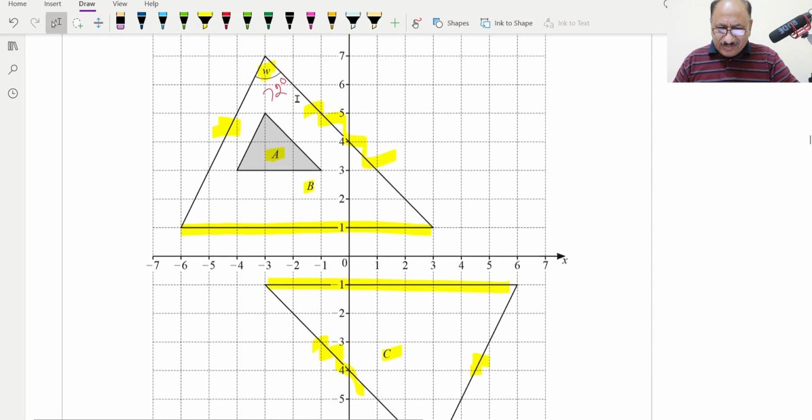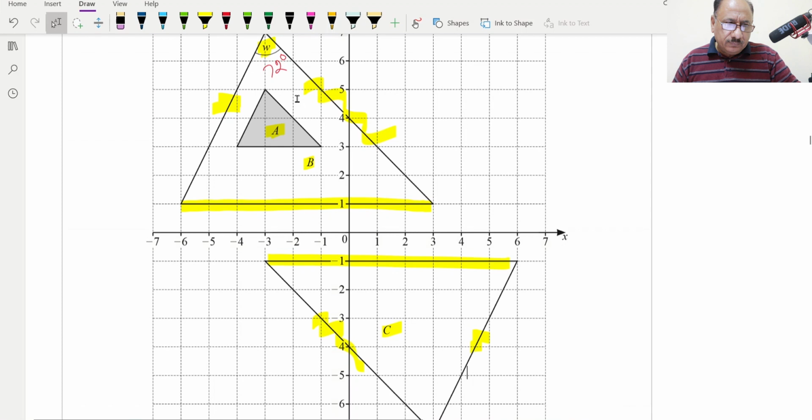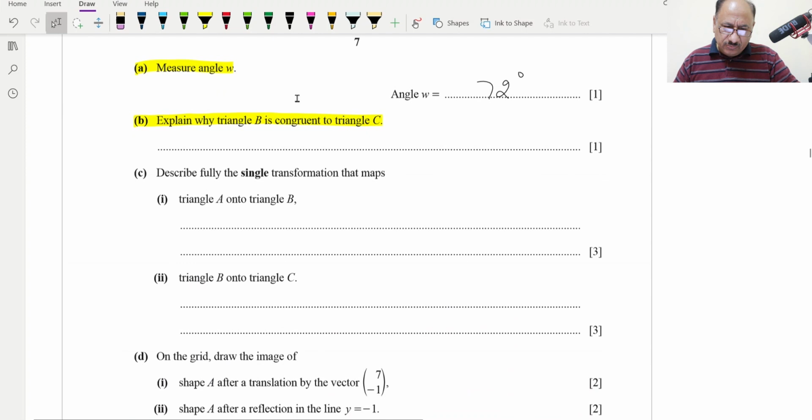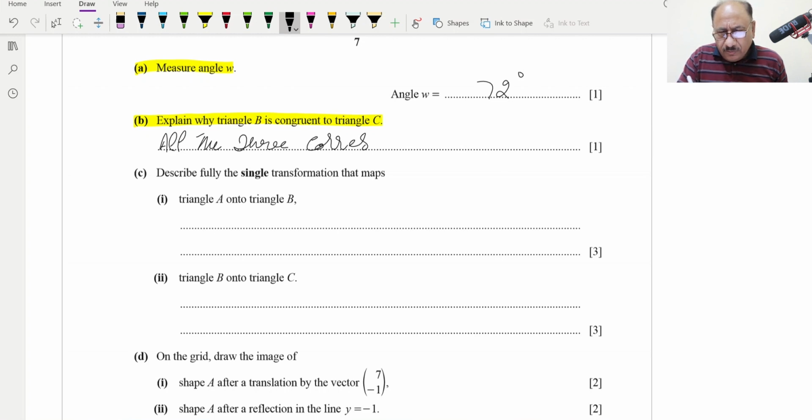So corresponding sides are equal. For the explanation, we can write: all three corresponding sides are congruent. So this is the reason which we have provided.